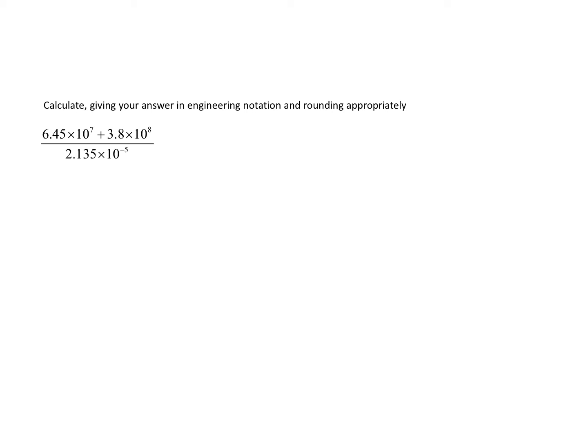Our last example is working with scientific and engineering notations, and we're also going to round it appropriately. Now we could just enter this into our calculator, but it wouldn't tell us where to round. So we're going to take a couple extra steps here. So when I look at the numerator, I'm going to change them so that they're both written as times 10 to the same power.